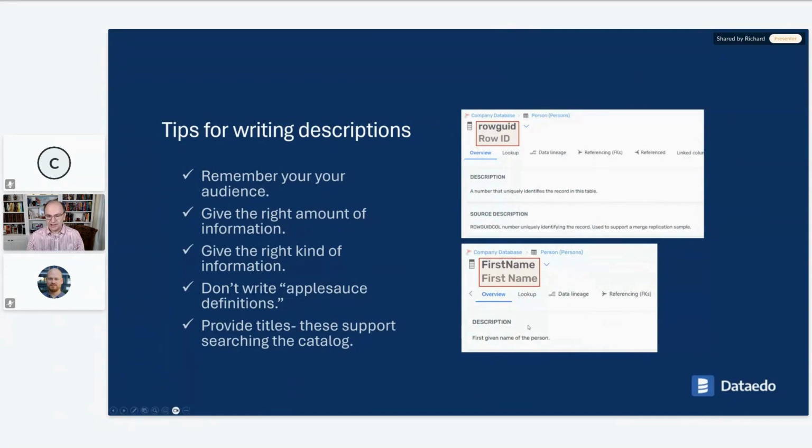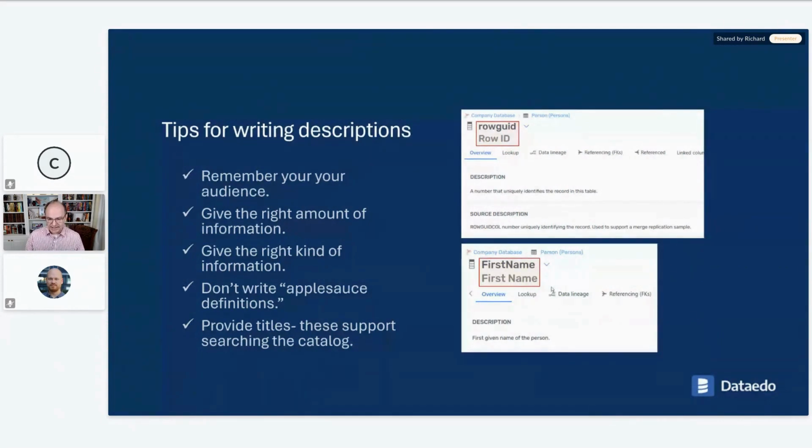In this case, I added the space in there to make it readable and user-friendly, so that business users can find it more easily. A business user is not going to search for this by first name with no space. They will put the space in. This increases the likelihood that they can search, find, and recognize the information they're looking for.